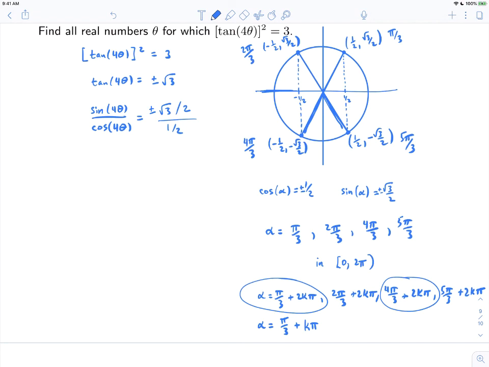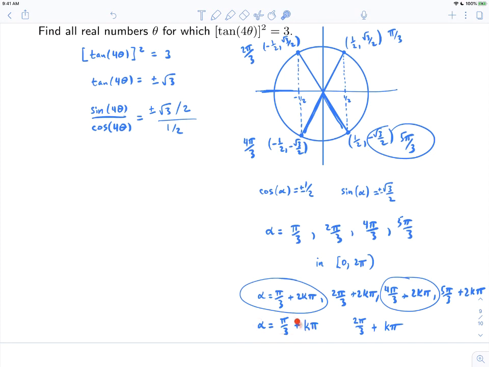Now we also have 2 pi over 3, and to that you can add 2k pi, but you could also just add 1 pi, and that will bring you over here. So it'll just be k times pi. So we have pi over 3 plus k pi, where k is any integer, or we could have 2 pi over 3 plus k pi, where again k is any integer.